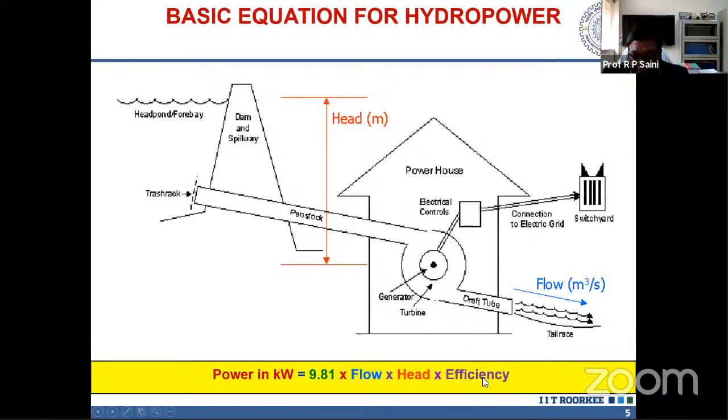It will be in kilowatt. Flow will be in cubic meter per second and head will be in meter, so power will be in kilowatt. If you take the flow rate in liter per second, it will be in watt, because 1,000 liter equals 1 cubic meter. So this is the thing.